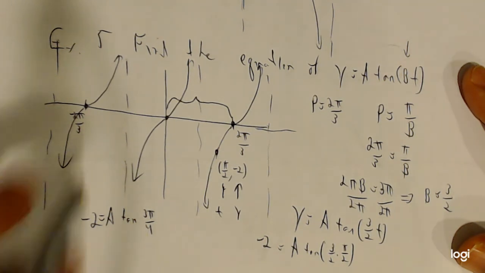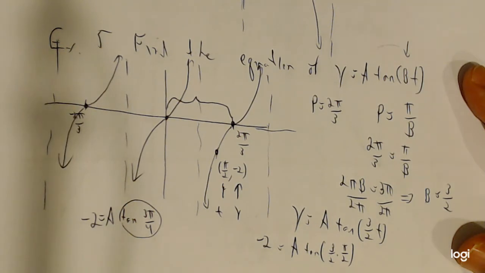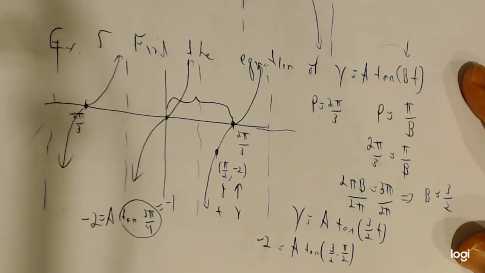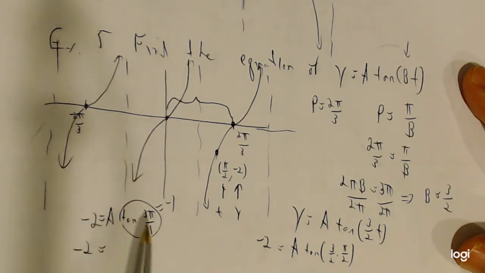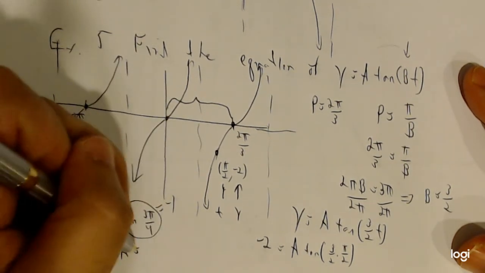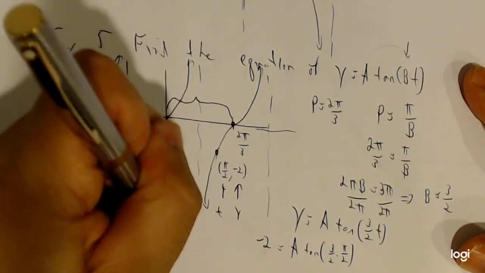If you're not sure, you could draw your right triangle and find it, but I'm going to tell you it's negative 1, because at this point I have this down. And you will get to the point also where the ones with the nice reference angles you'll know right away. So if this is negative 1, what does this become? Negative 2 equals negative 1 times a, which is negative a, which means a equals 2.